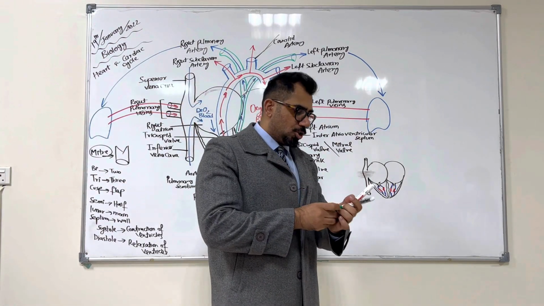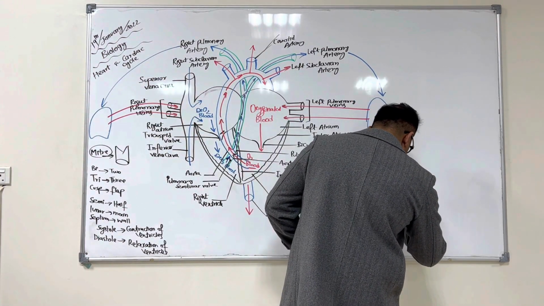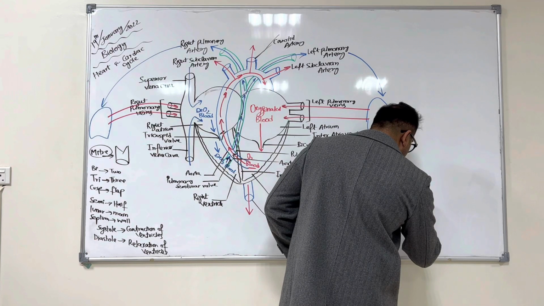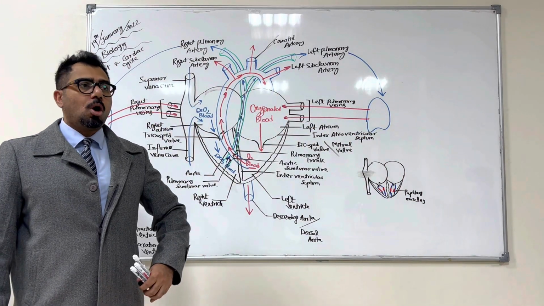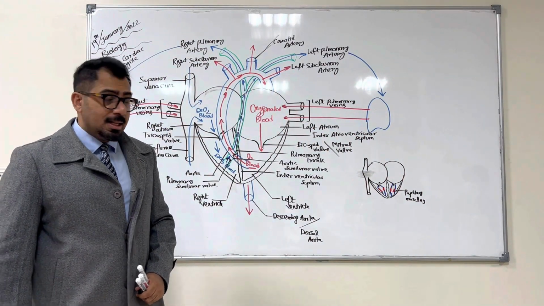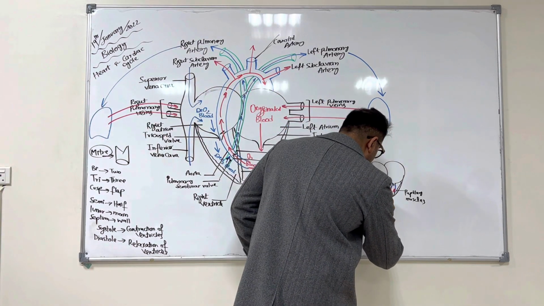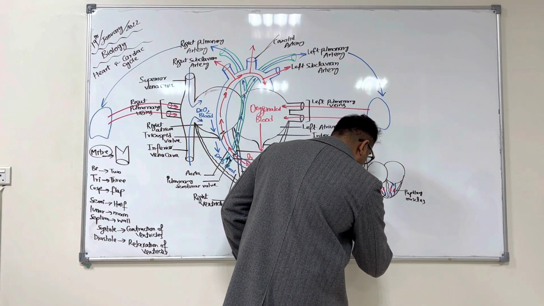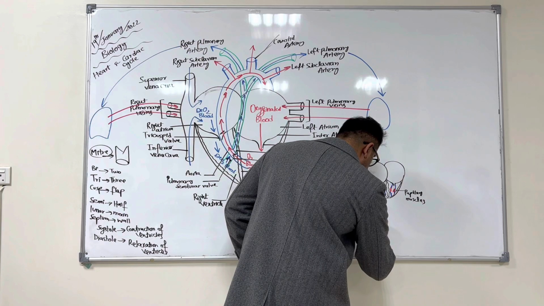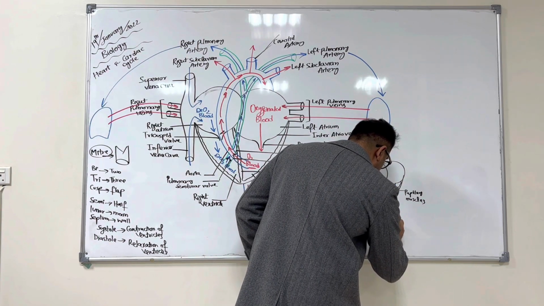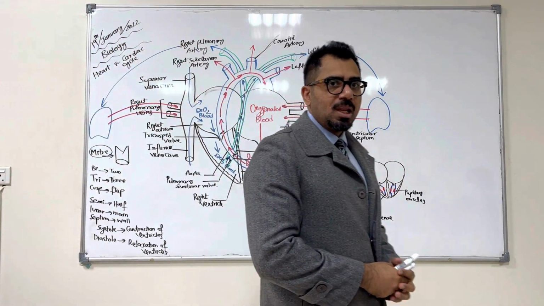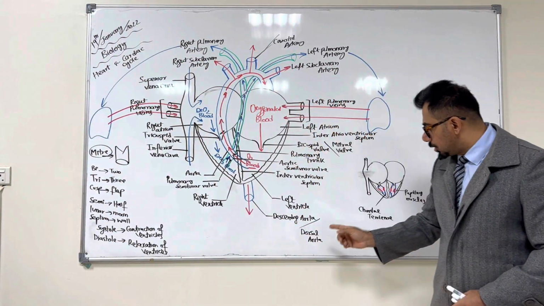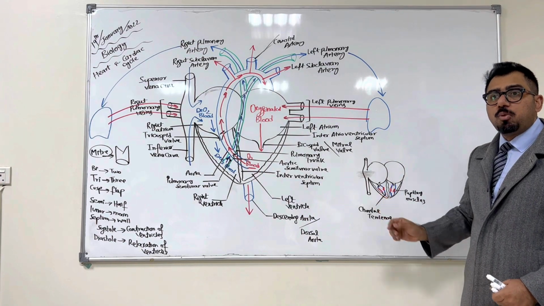Now guys, please pay attention. These muscles are called papillary muscles. What are these muscles called? Papillary muscles. And these tendons are called chordae tendineae. What are they called? Chordae tendineae. Now they are like strings attached, right? Now what will happen?